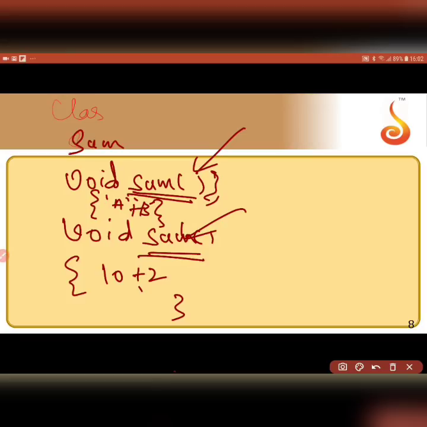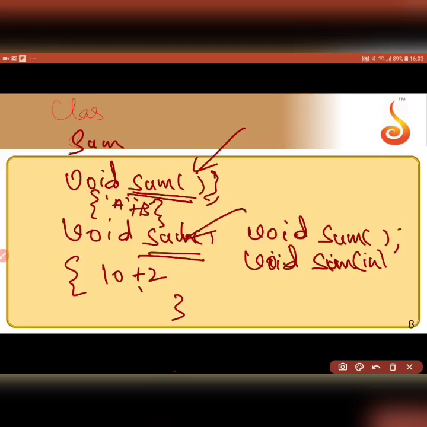So I can say here void sum is one. The other one is void sum int comma int. Yeah, these two are different. When I call the function without any arguments, it knows very well that it has to execute this.